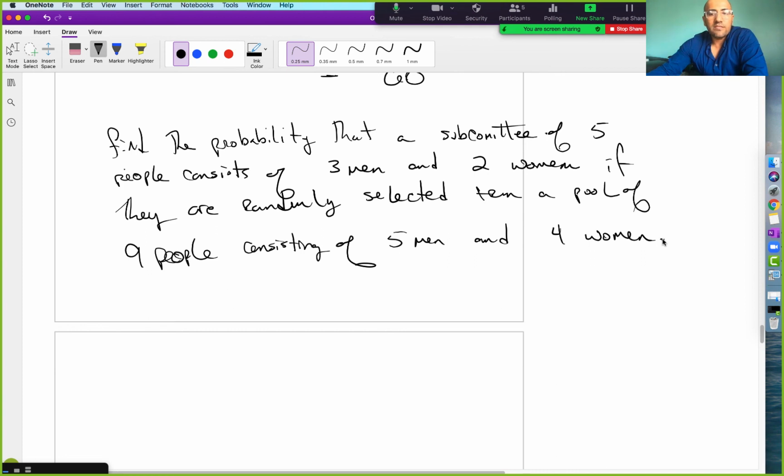So it's a very similar question. Before we were just asking how many ways there are to select this subcommittee, but now I'm asking what's the probability that this is the result. If you're randomly selecting 5 people from this committee, what's that probability?